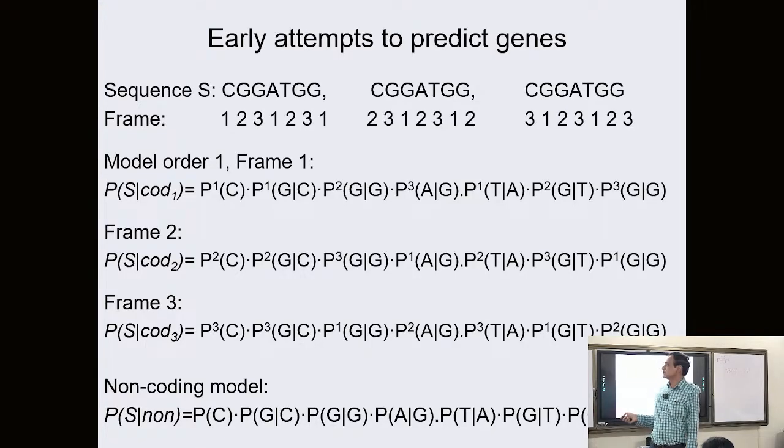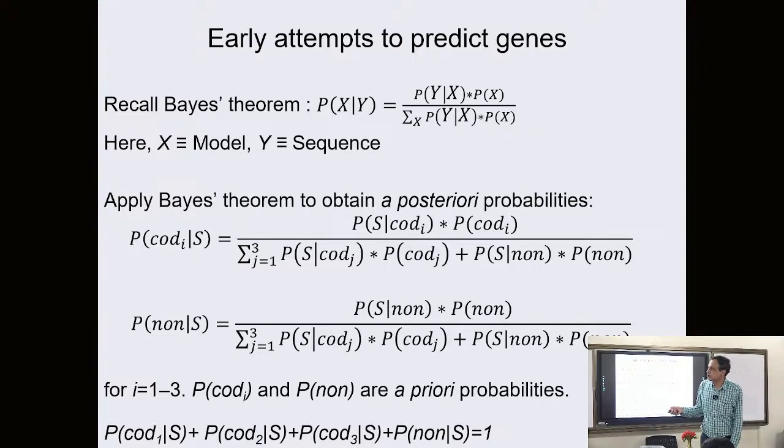The posterior probability of protein coding in the ith frame given this sequence is equal to the probability of this sequence given the coding model in frame I multiplied by the prior of the coding model in frame I, summed over all the models: the 3 coding models and the non-coding model.